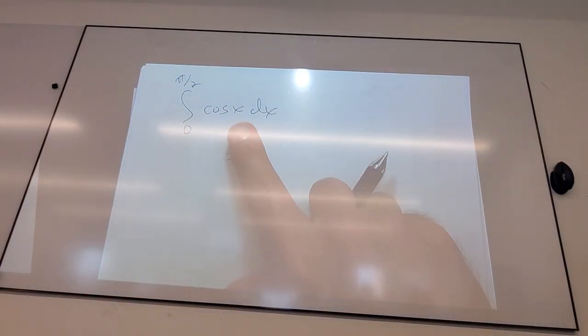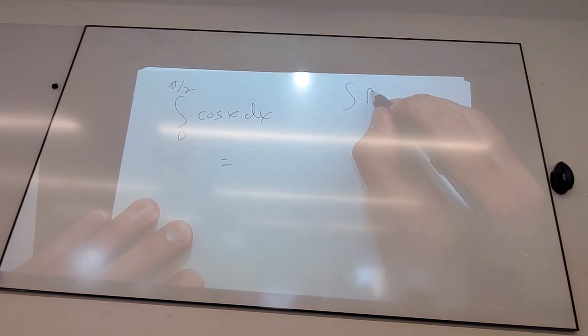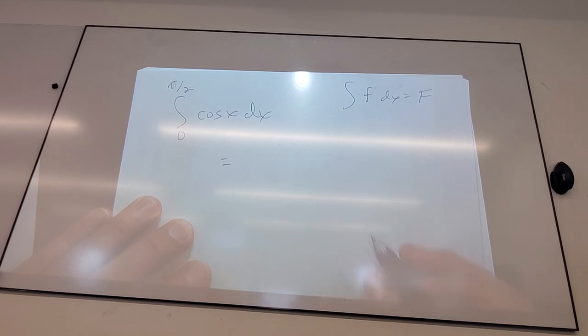So the antiderivative, the integral of f, I'm getting big F, would be sine x. And now I have to evaluate it between 0 and pi over 2.